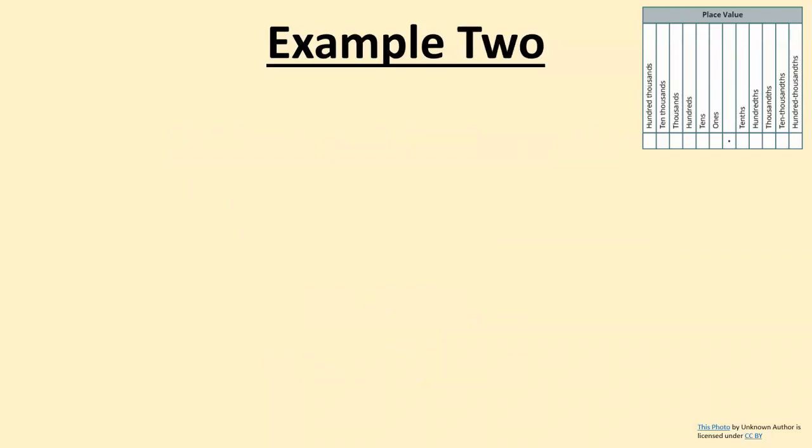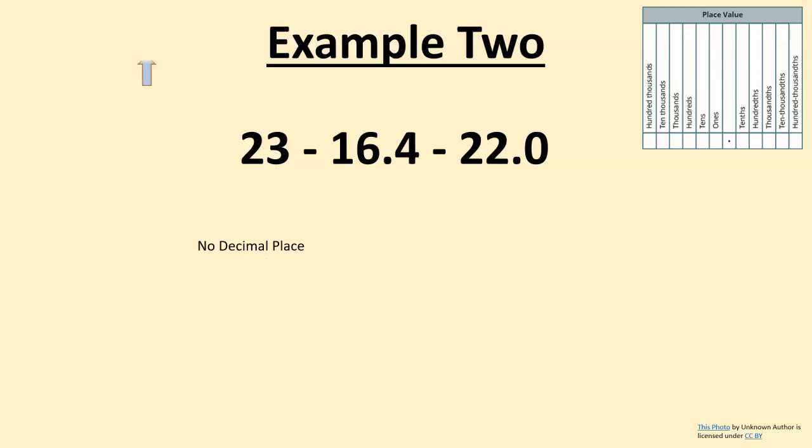For example number 2, we're going to do a subtraction problem. Now remember, I told you that the subtraction rules and the addition rules are in fact the same. So we have 23 minus 16.4 minus 22.0. Now the 23 has no decimal place.